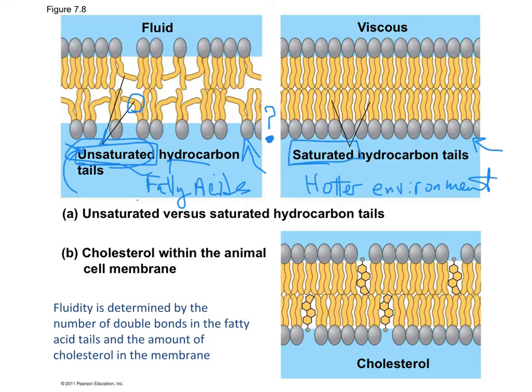So this is the idea that fluidity is determined by the number of double bonds in the fatty acids. It is also determined by the amount of cholesterol. So we were introduced to cholesterol in the last couple of classes as a kind of a bad thing, but it's also a super essential molecule in your body. All of your hormones come from cholesterol. Most of your neurotransmitters come from cholesterol.